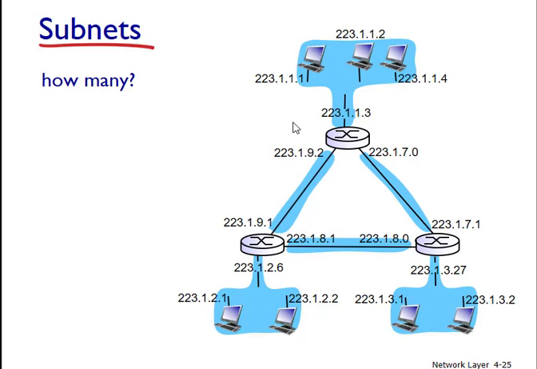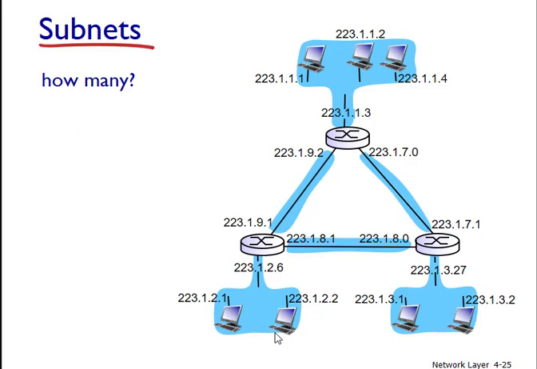What subnets are present here? Three subnets: 223.1.1.0/24 right here, 223.1.2.0/24 right here, and 223.1.3.0, which is this subnet right here.